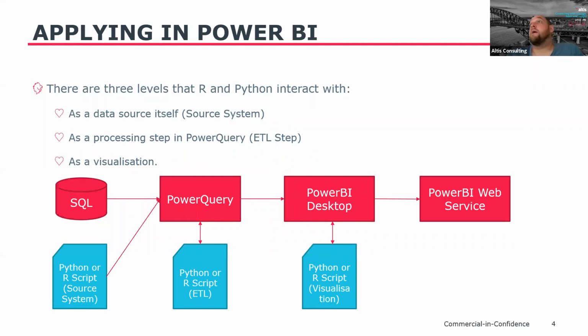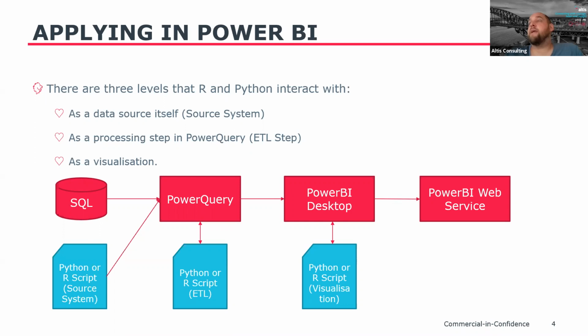So applying this within Power BI, we've just got an example graphic down here below, but the three areas where you can use a Python or an R script begin with the data source itself. If anyone's been to Power BI and gone to that Get Data option and seen Excel and SQL databases and many other sources, you can also choose a Python or an R script that can run on your behalf to get information.